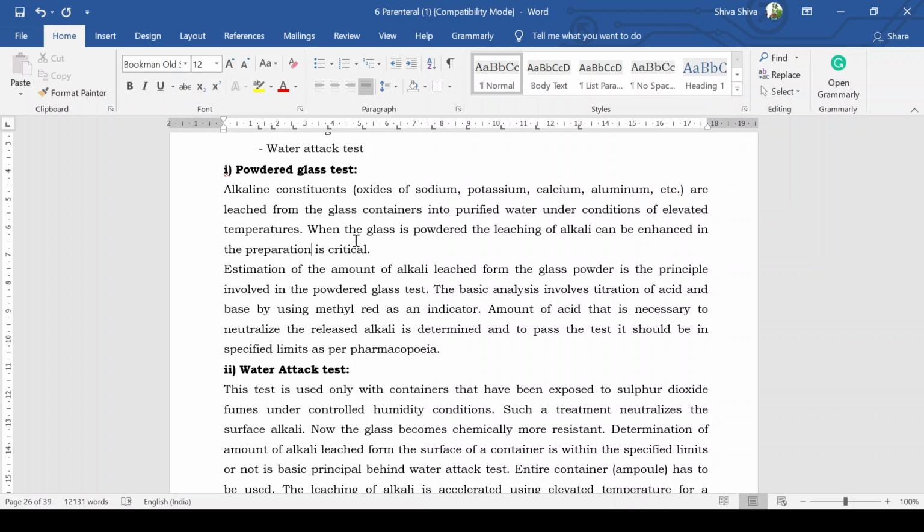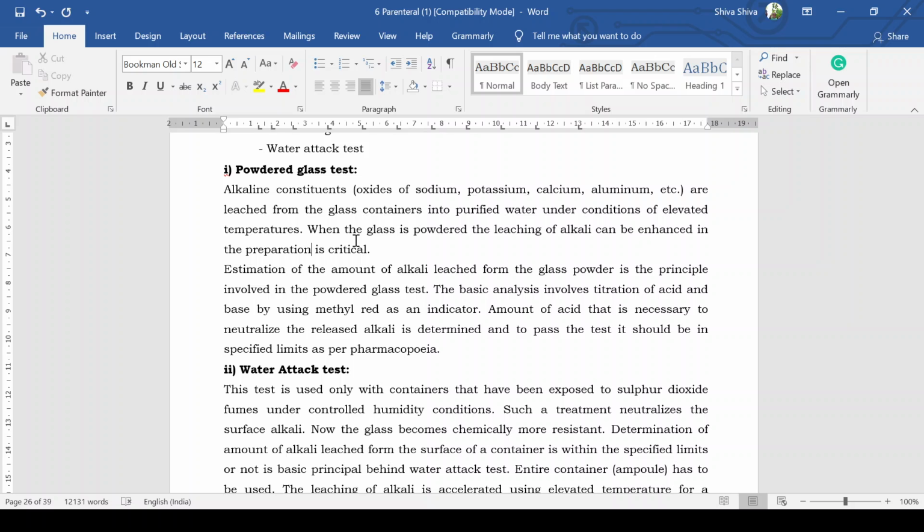So the glass is powdered, and after powdering, this powder glass is kept in contact with purified water at elevated temperature.